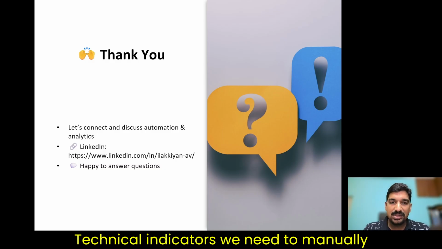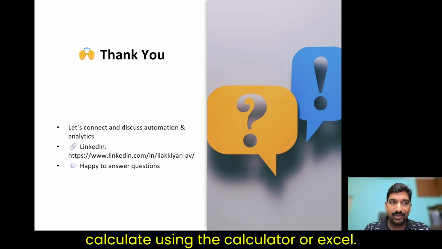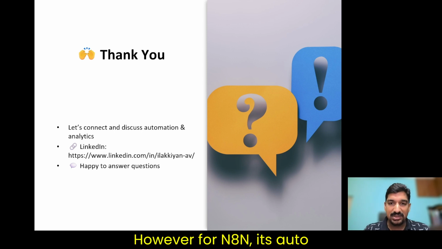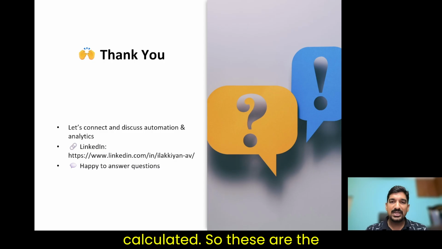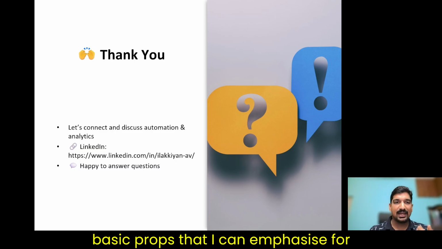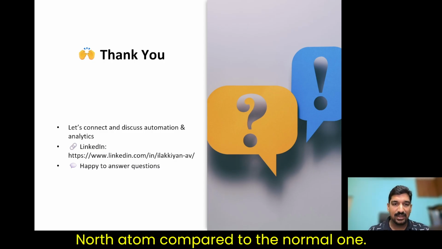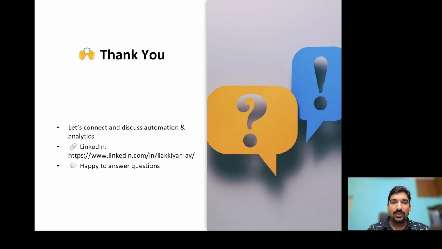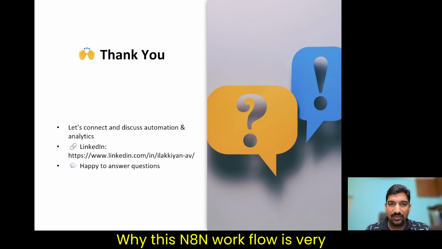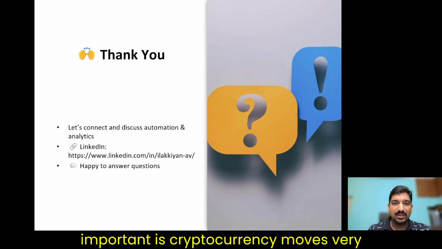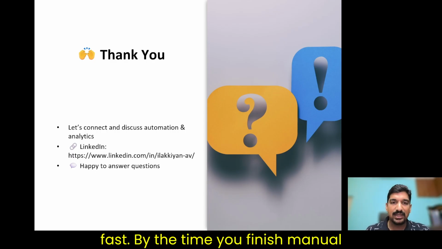Technical indicators: we need to manually calculate using a calculator or Excel. However, for N8N, it's auto calculated. So these are the basic pros that I can emphasize for N8N compared to the normal one. Why this N8N workflow is very important: cryptocurrency moves very fast. By the time you finish manual research, prices have changed.